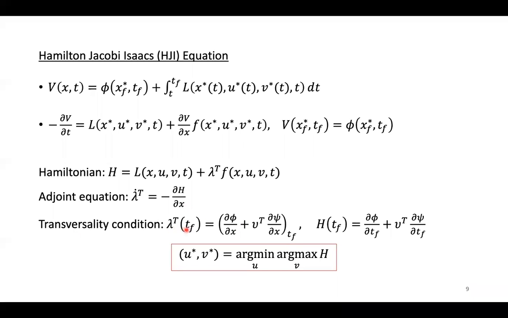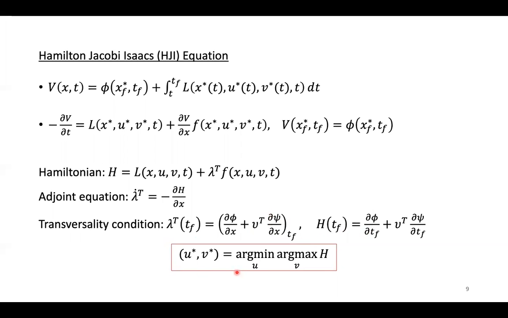Lambda transpose at tf is equal to the partial of your terminal cost function with regards to state plus a multiplier times the partial of your terminal conditions with regards to x at the final time. And the Hamiltonian at final time is again the partials with respect to the final time.